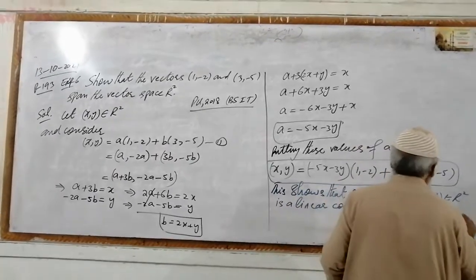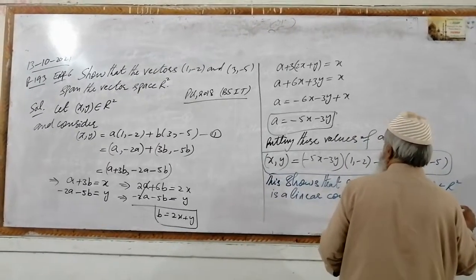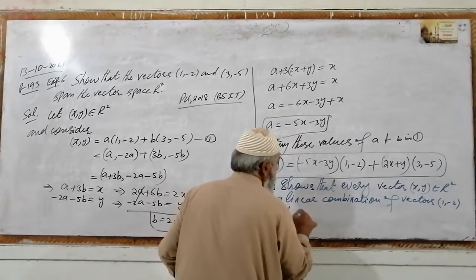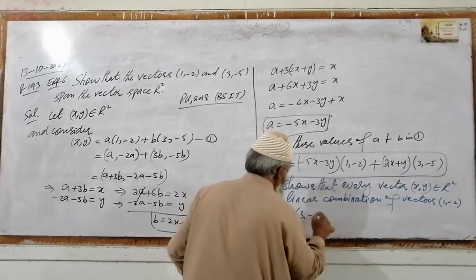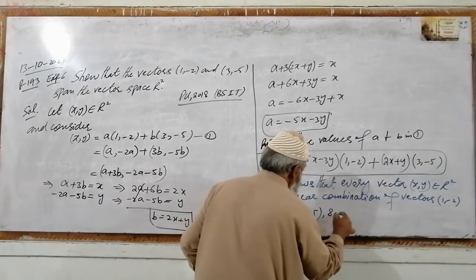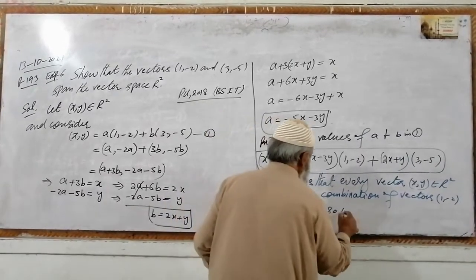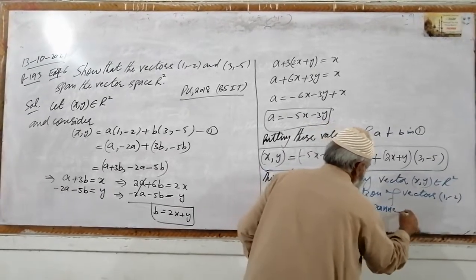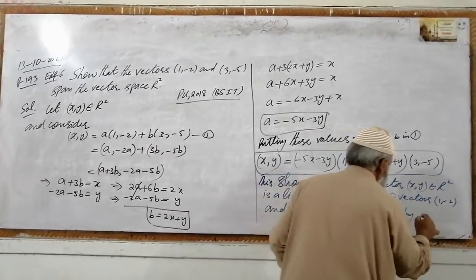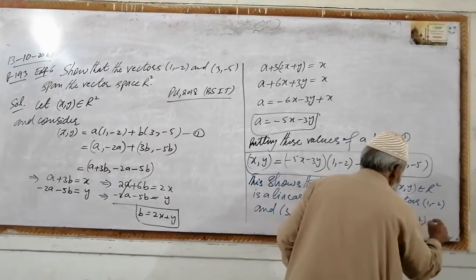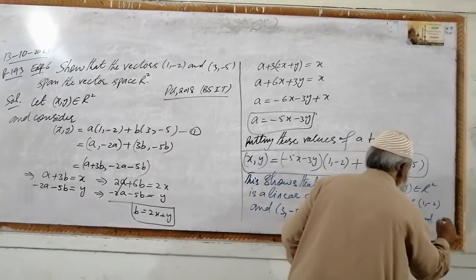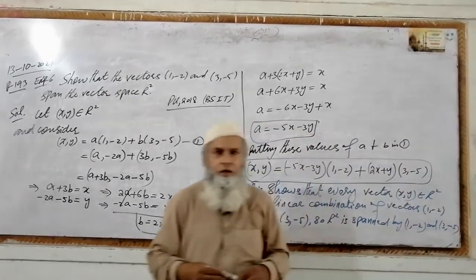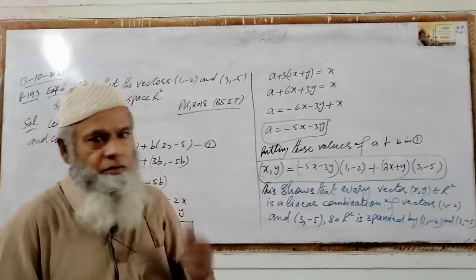What are those two vectors? (1, -2) and (3, -5). So R square is spanned by (1, -2) and (3, -5). Hopefully you understand the question. Thank you very much.